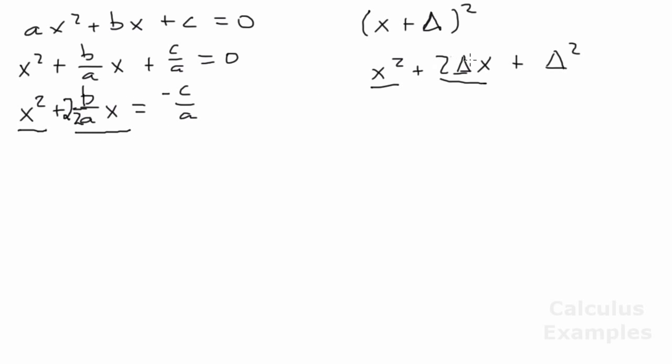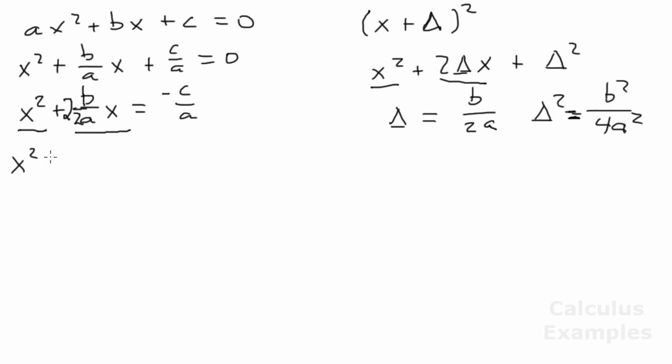So right now we have matched this term to this term. So triangle, in this case, is equal to b divided by 2a. And triangle squared is b squared over 4a squared. Right? So let's add triangle squared to both sides.